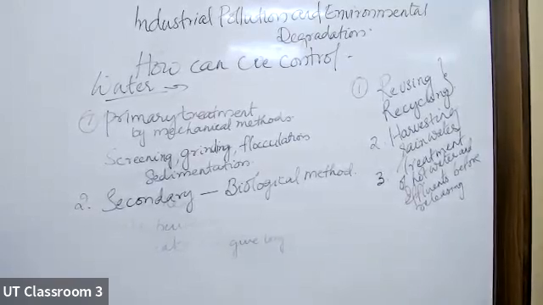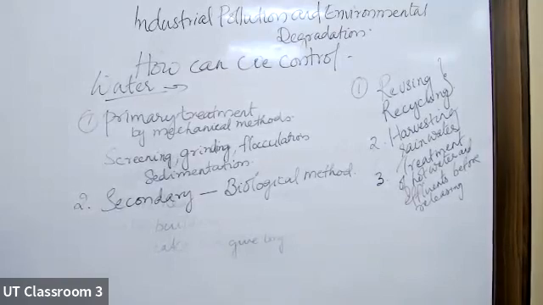That is what the biological method is. Understood? So when the water is flowing, the roots of the plants cause the impurities to be filtered and captured, and the water will go further. So this method is called a secondary or biological method.